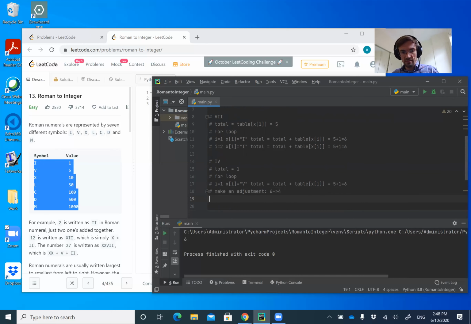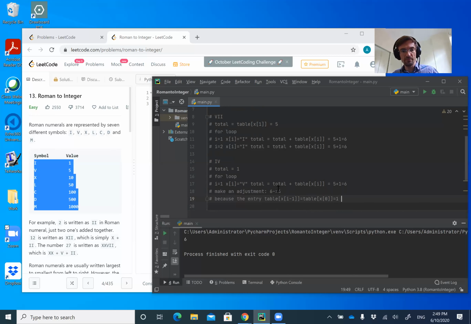That is because the entry of s of i minus 1, which is s of 0, is I, and the value of that entry is 1.